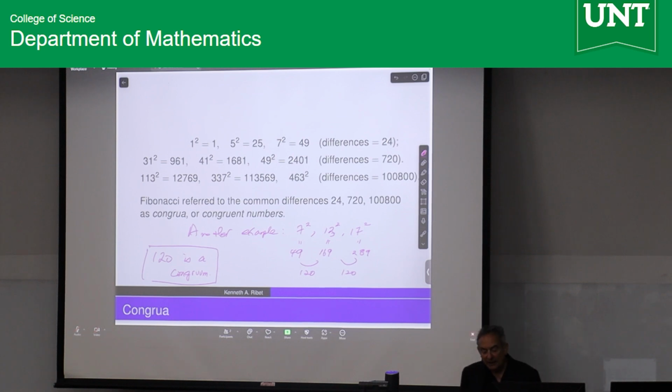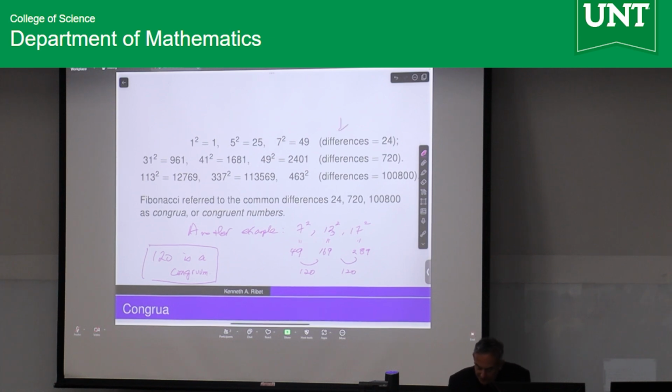So now on the screen, you'll find 4 arithmetic progressions of perfect squares, 3 of them neatly typeset, and one of them just written in my somewhat indecipherable scroll. And we're focusing on the differences, which are 24 at the top, 120 at the bottom, and the intermediate ones are 720, and it looks like 100,800.